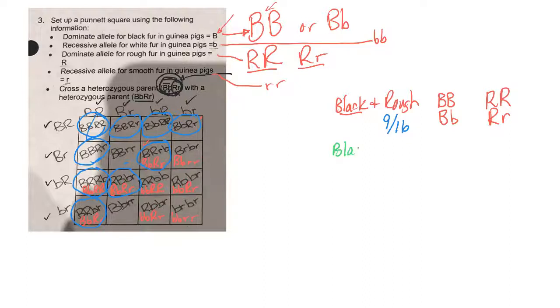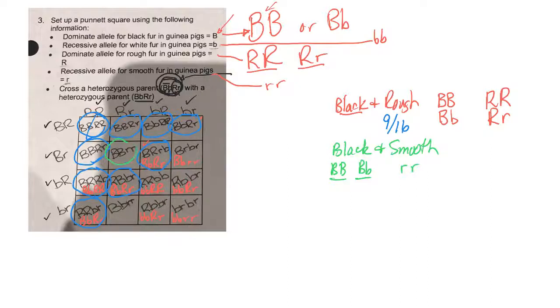What if we want black fur and we want smooth? To be black, it just has to be big B, or big B, little b. I just need a capital B in there. To be smooth, though, they need to be 2 little r's. That's the only option. So I'm looking for a big B and 2 little r's.